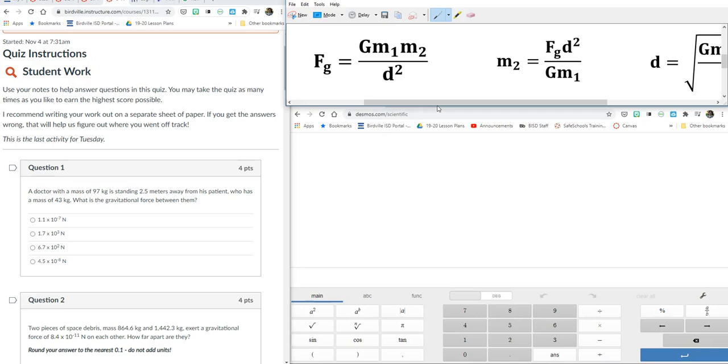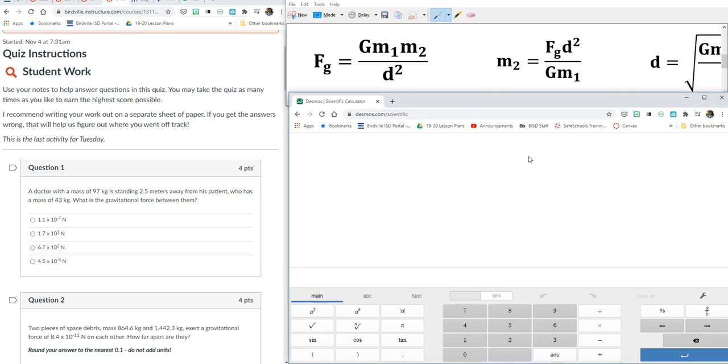The other thing that I would like to say, if you are using your phone as a calculator and you find that you are not punching things in right, or you're not really sure how to do the numbers with the exponents, or if you're just looking for a different calculator to use, a student was using this one in class the other day, and I have found that it's a really good scientific calculator.